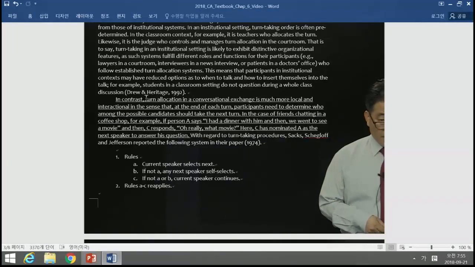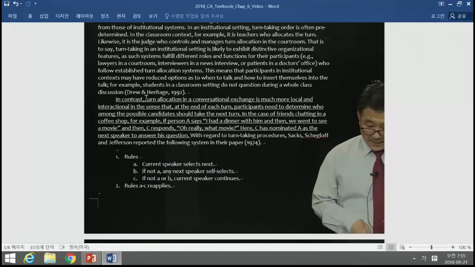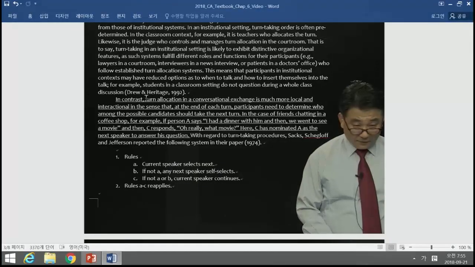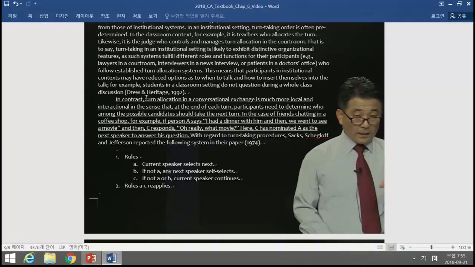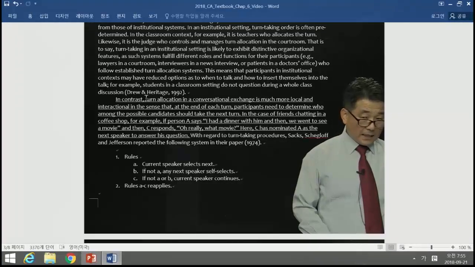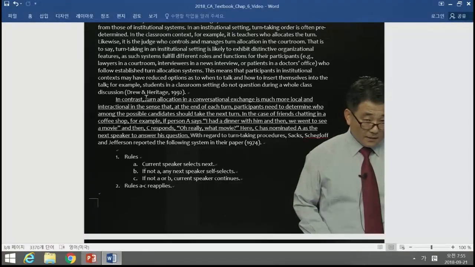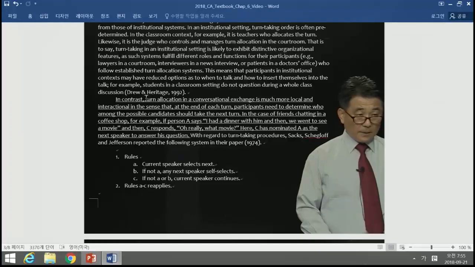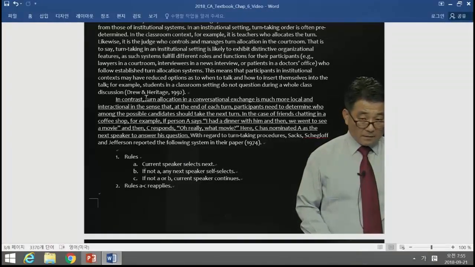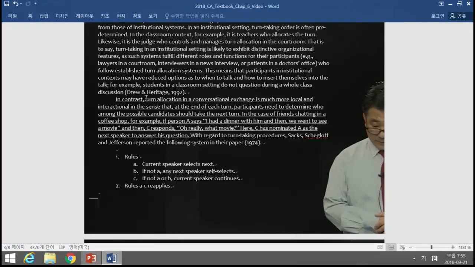If that doesn't happen, if the current speaker doesn't select next, then any next speaker self-selects. So A is talking, and there are B and C and D, and if A doesn't select the next speaker, B, C, D, anybody can self-select to speak.